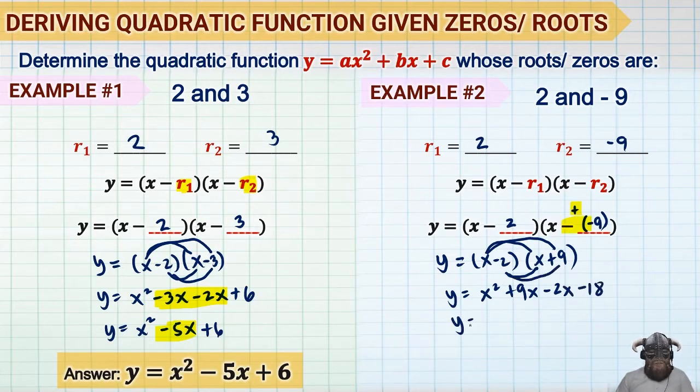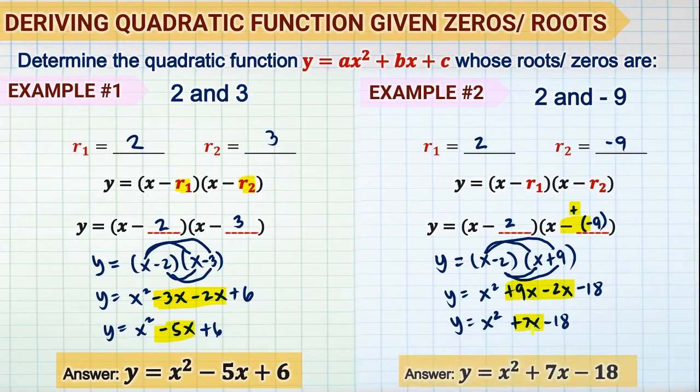Let's just further simplify this one. Let's copy x squared. Then, we can combine 9x minus 2x, which will give us positive 7x minus 18. So, this is the answer there. Now, our final answer will be y is equal to x squared plus 7x minus 18.